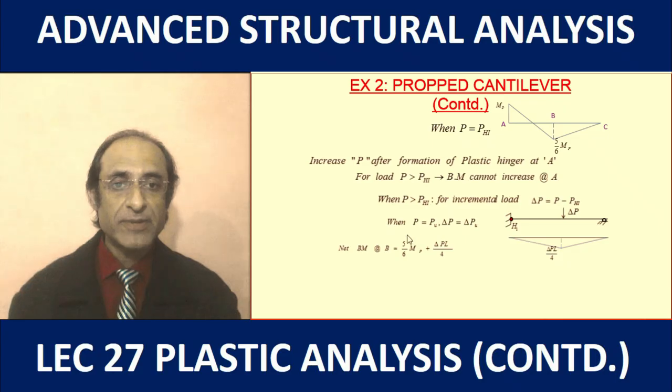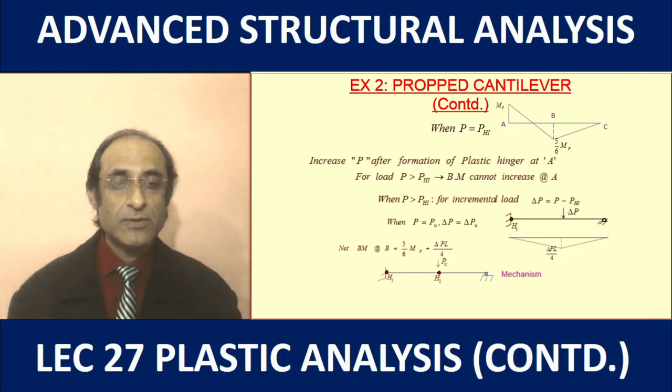So that means that at point B, it has already reached 5/6 of its plastic moment capacity when the first hinge was formed. So it can only resist a further moment equal to 1/6 of MP.